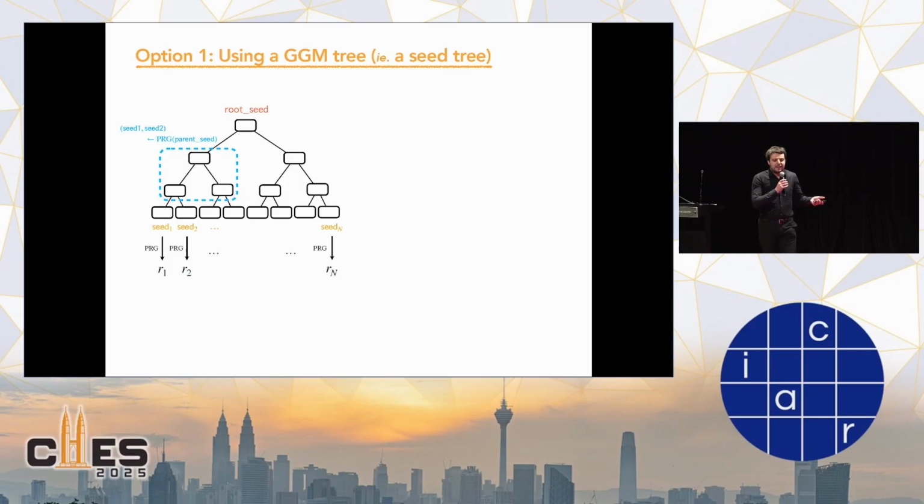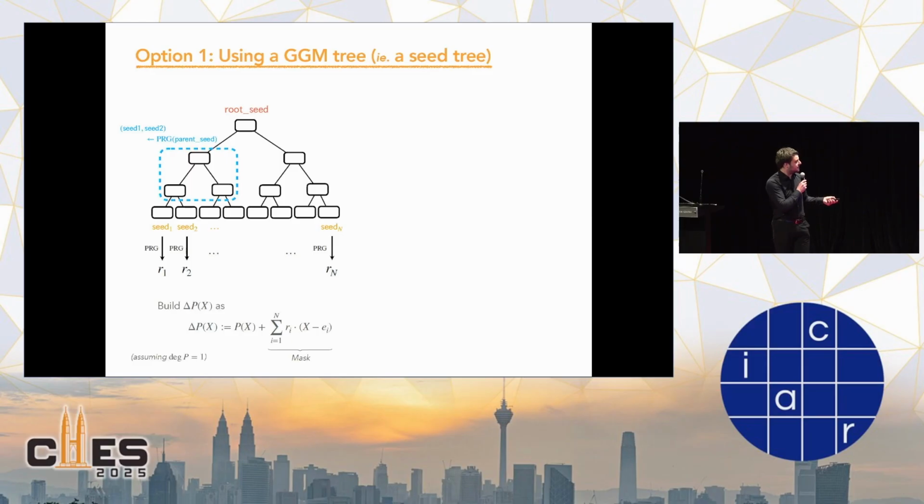So we will first expand a GGM tree, a binary tree for which the two children are expanded from the parent seed using a pseudo-random generator. At the end, we will have N leaves. N is a flexible parameter. Then we apply again a pseudo-random generator to obtain N field values. We then compute the polynomial delta P using the following formula.